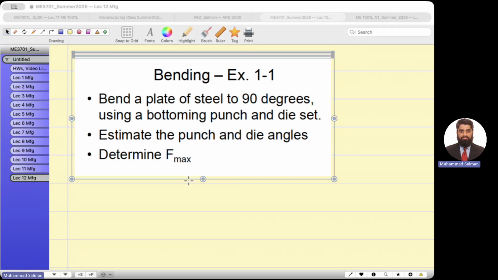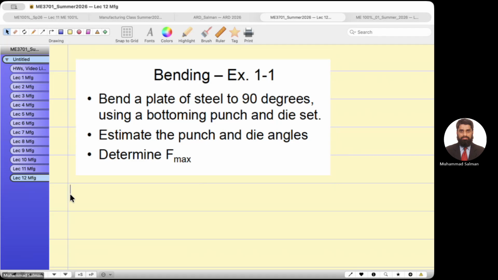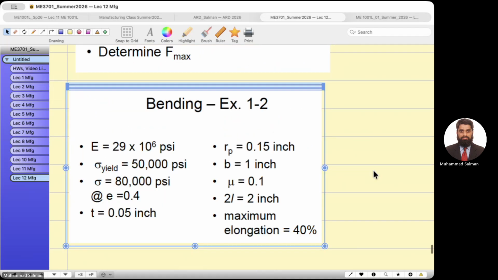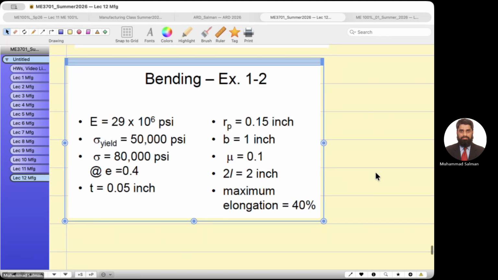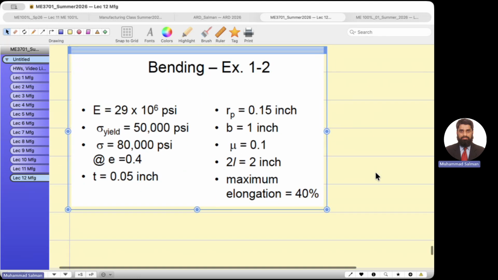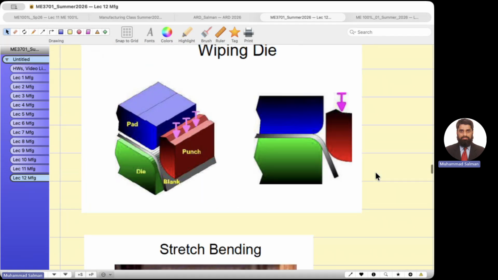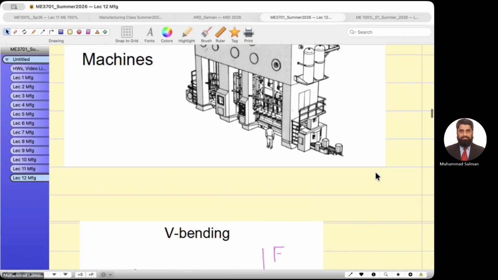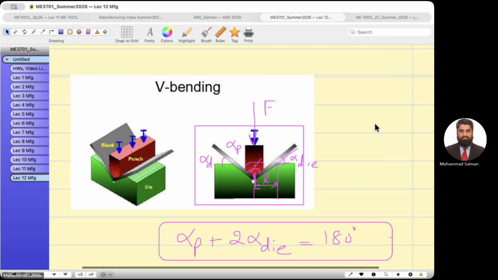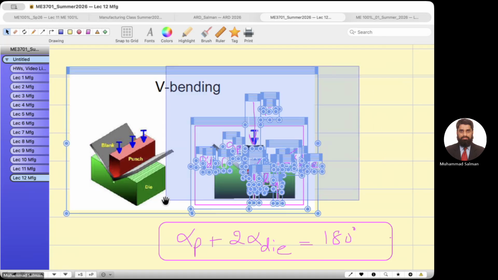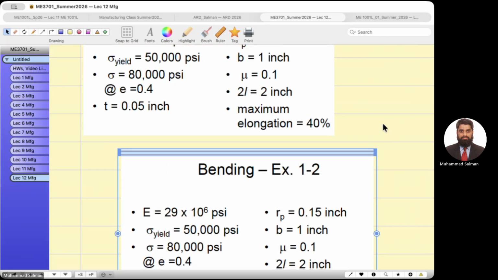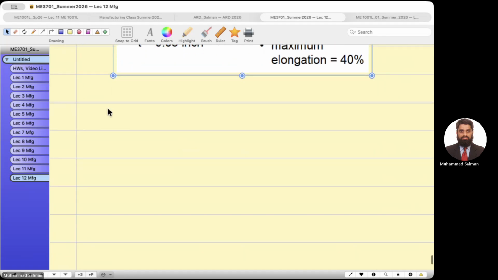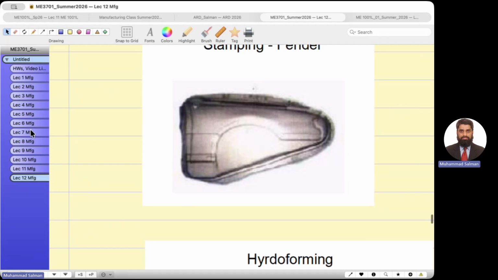This is the data provided to us. Let me grab this picture again, I want to show you. Okay, let me go over here.